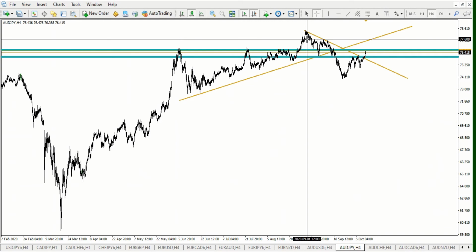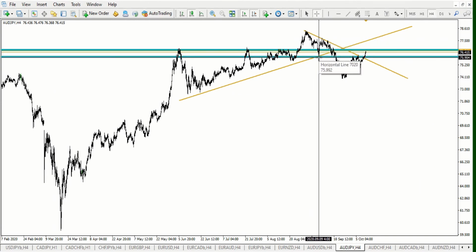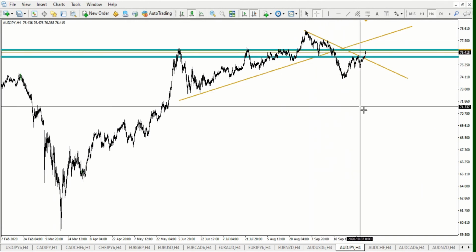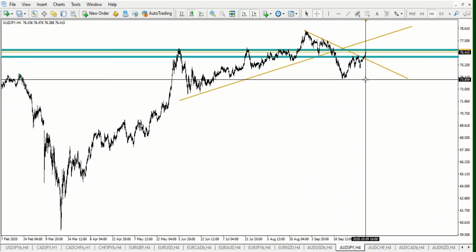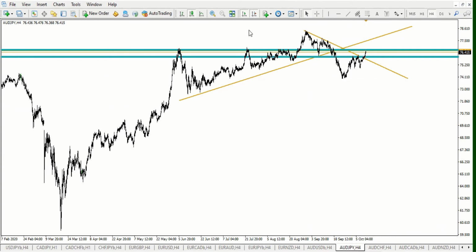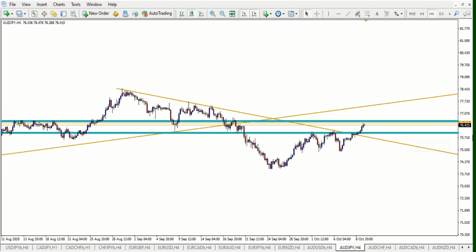Then it started losing steam, right? The bears started becoming in control around about September. We were forming lower lows and lower highs. The bears were in control, but then as of last week, we see that the bullish momentum is now starting again. All right, so what we could look for from this trade is the following.